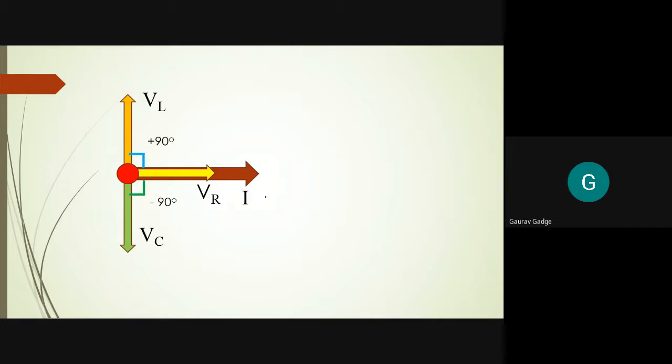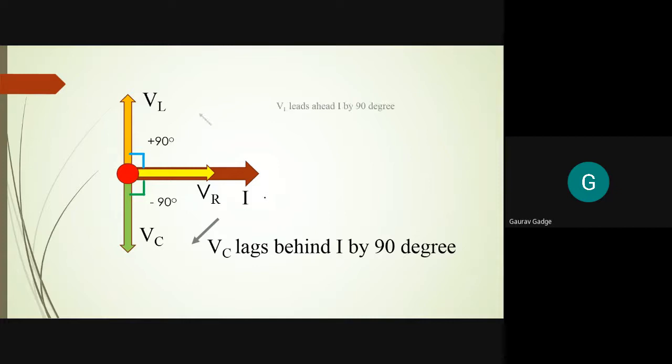We have already drawn this phasor diagram. Now what we are saying, VC lags behind I by 90 degree. VL leads ahead I by 90 degree.